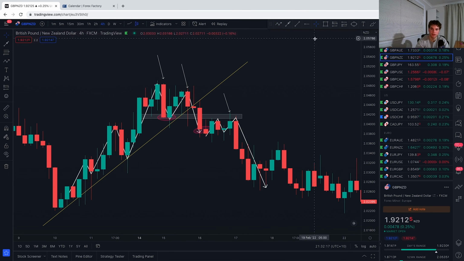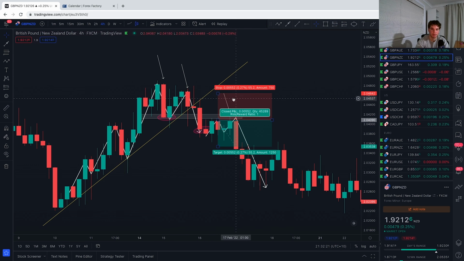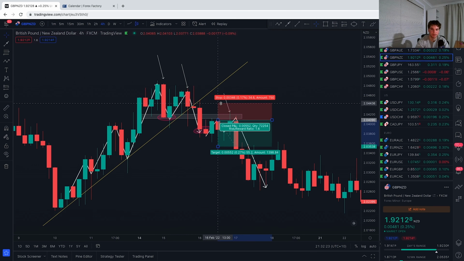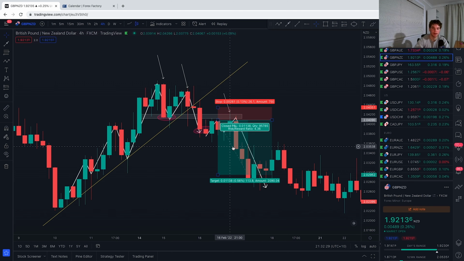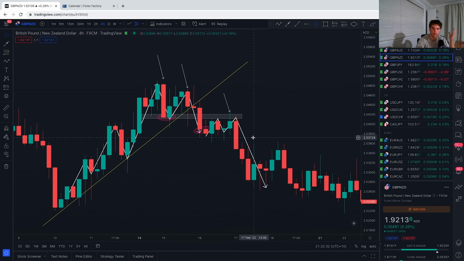Continuation. But notice, as long as you can identify this level, you don't even have to have the best entry. If you put a safe stop, you can trade anywhere from there, and you're on the right side of the market. Now again, if you want to see more on entries, that's for another video, but this one is about identifying levels and the overall bias of the market.